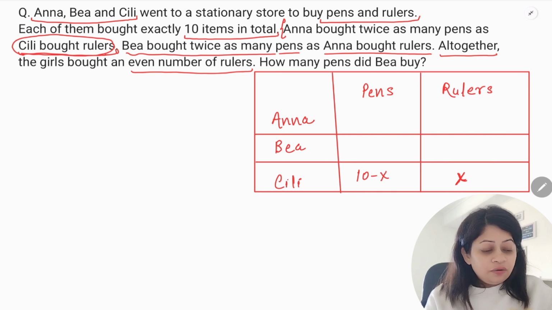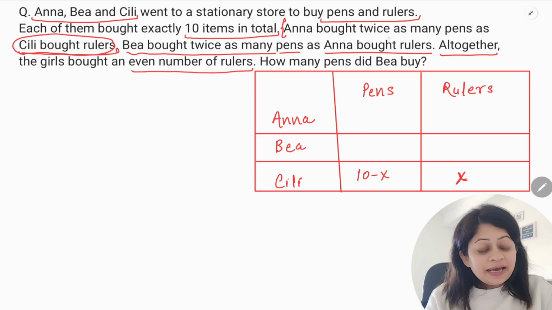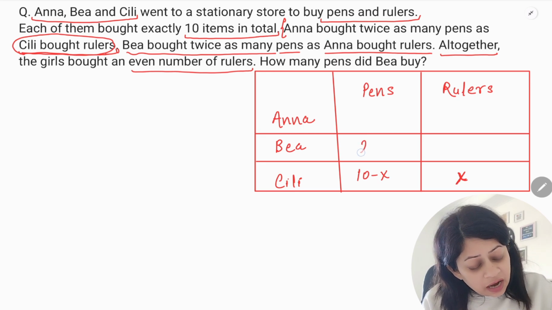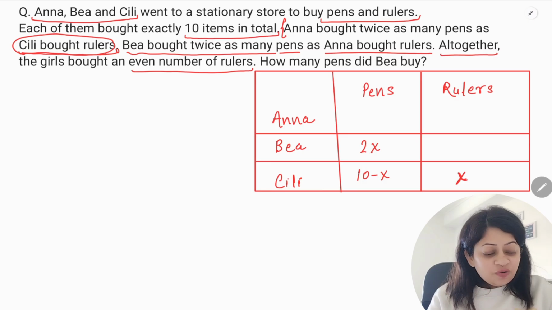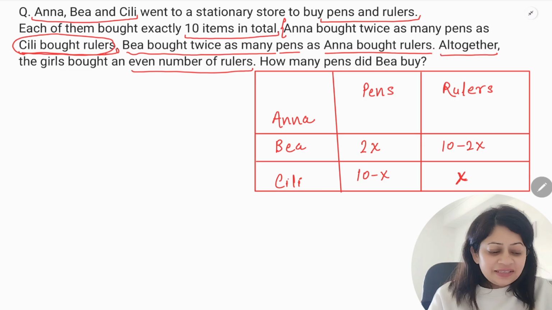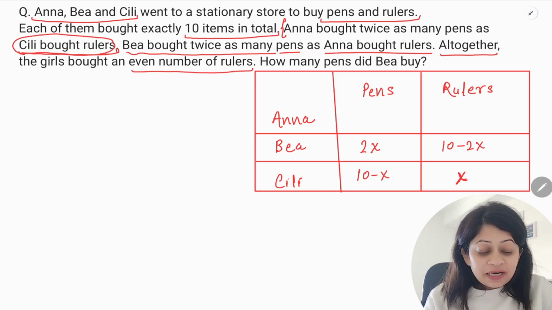We know that. Then they say Anna bought twice as many pens as Silly bought rulers. So Anna's pens are 2x, right? So how many rulers will she buy? 10 minus 2x. Simple, right? Bia bought twice as many pens as Anna bought rulers.